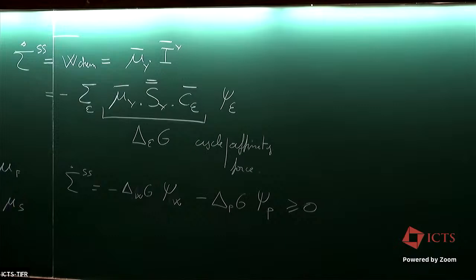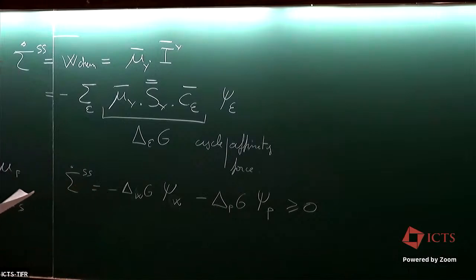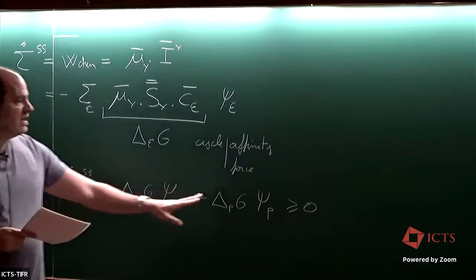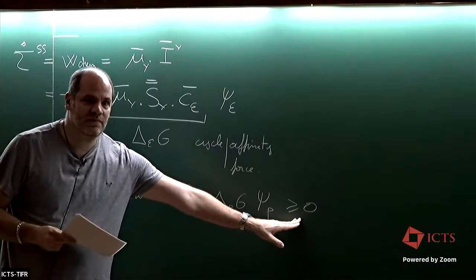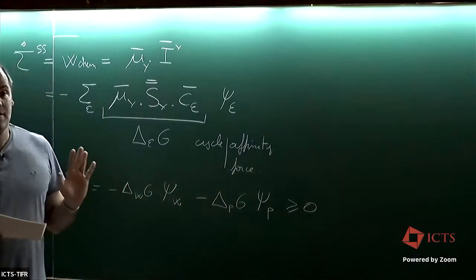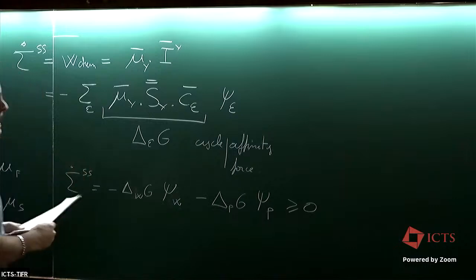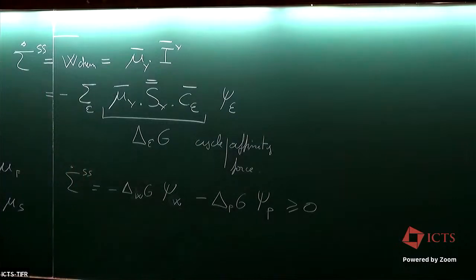So every flux through an elementary reaction needs to go down in delta G across that reaction. Well, this is not the case anymore. Now only the sum needs to be positive, but the pieces may not. And that's the essence of energy transduction.